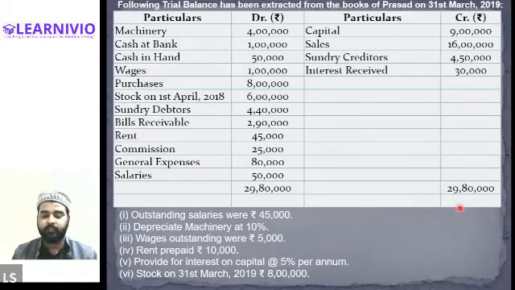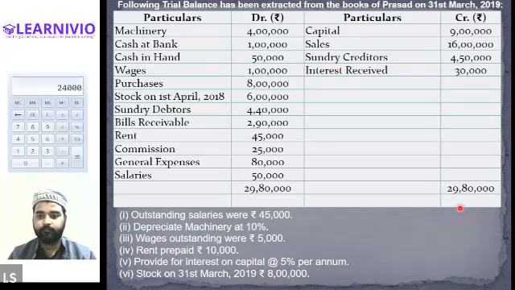And then there are purchases of 8 lakh and wages will be total 1,05,000. So we will reduce out of 24 lakh, 6 lakh, 8 lakh, 1,05,000, right? And the remaining balance would be our gross profit. Let me calculate.